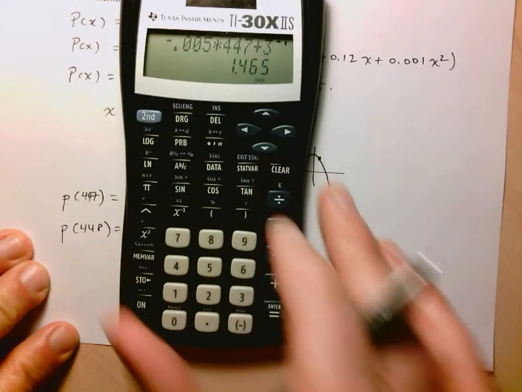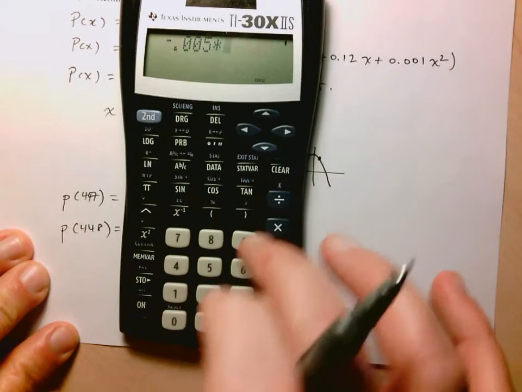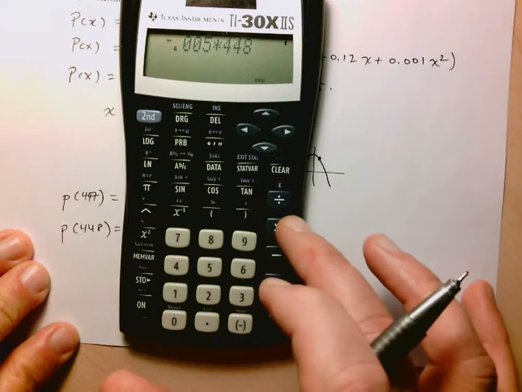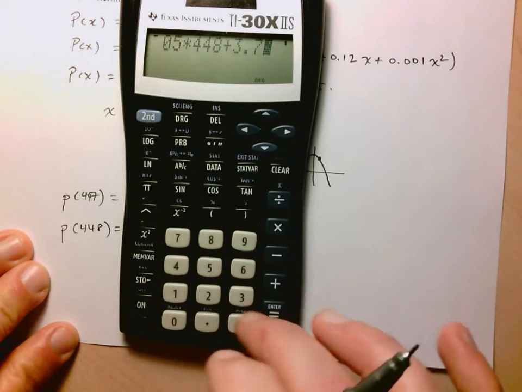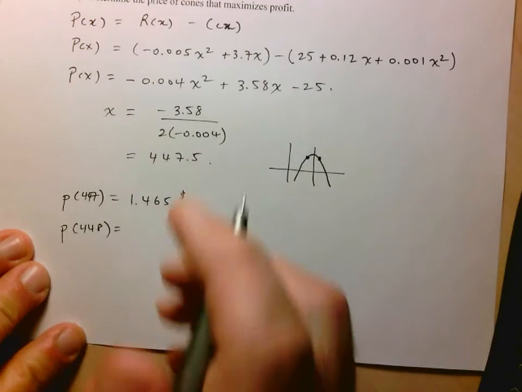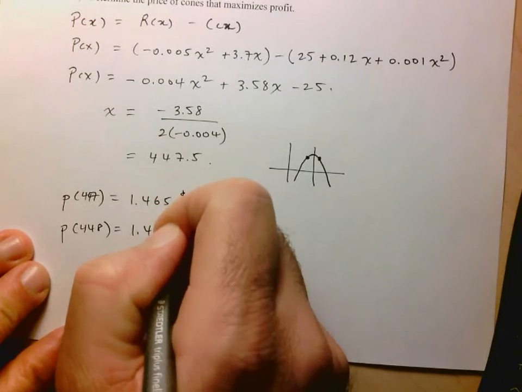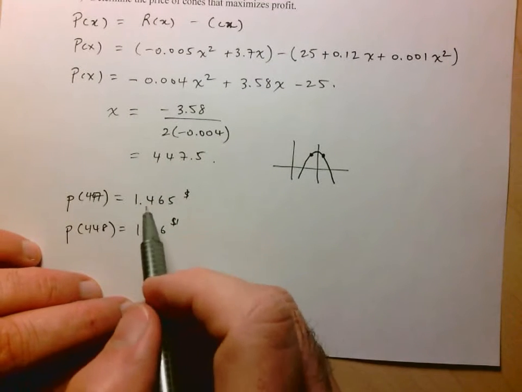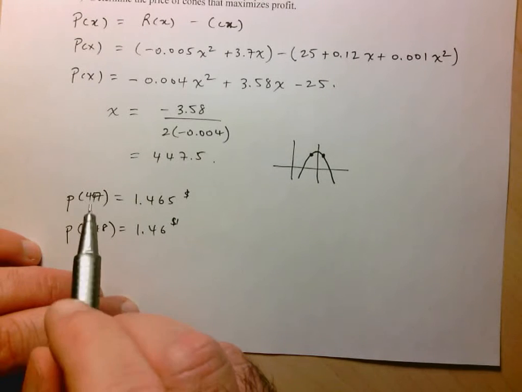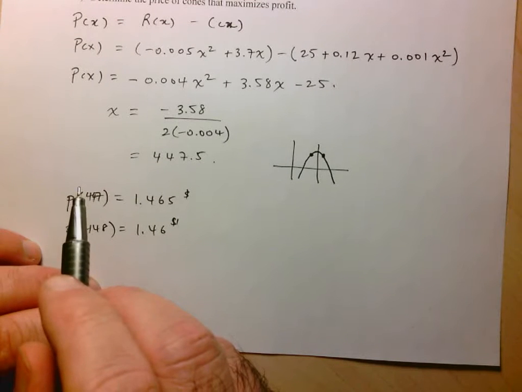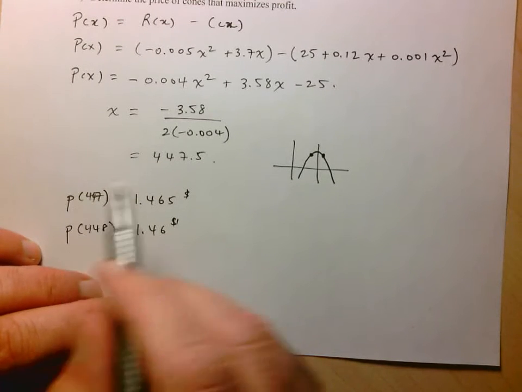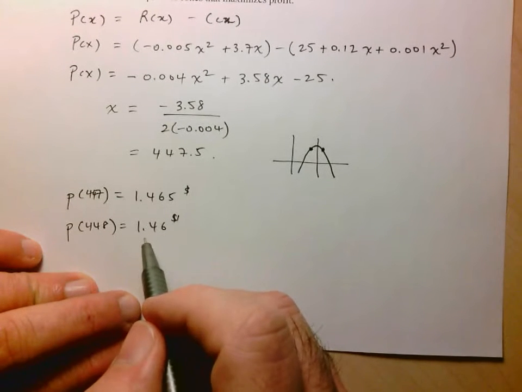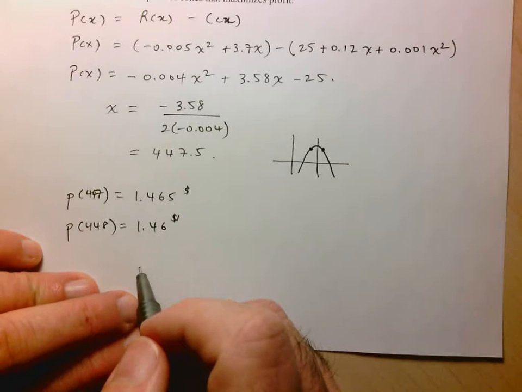Negative 0.005 times 448 plus 3.7, which is 1.46. Either of these prices, you could say they're almost the same. I guess you could charge 1.47 if you're a little greedy and get that extra cent from people, or you can charge 1.46. You'll end up a little less, but maybe you'll be more competitive.